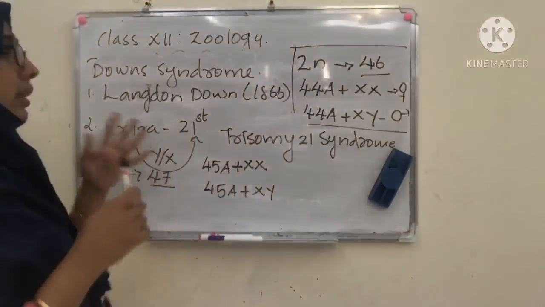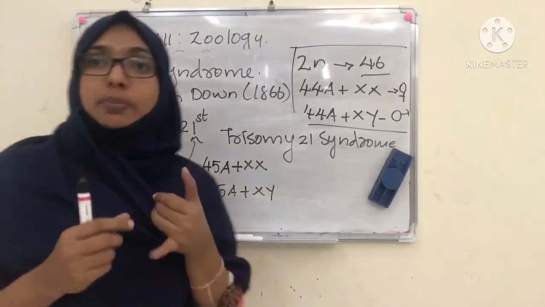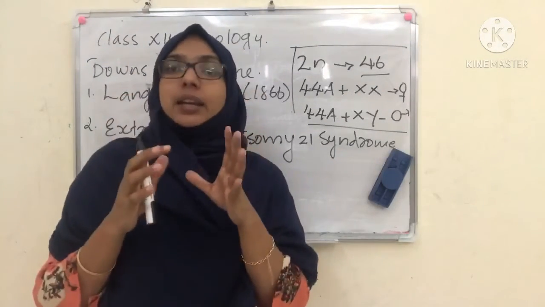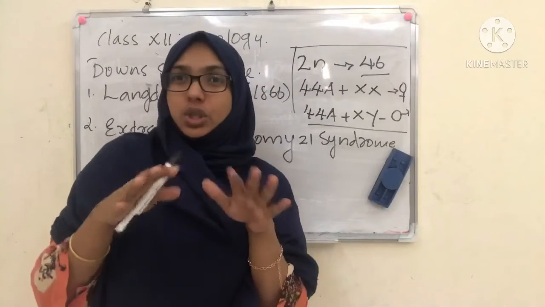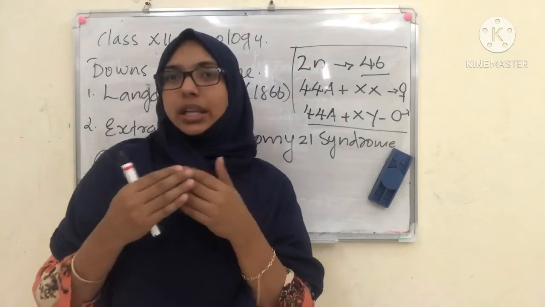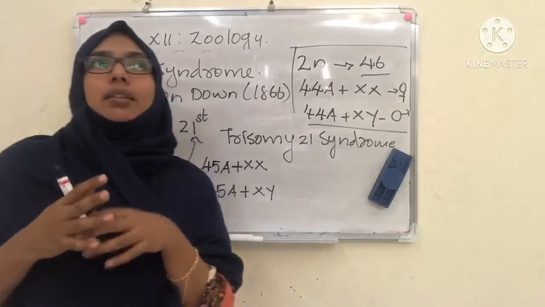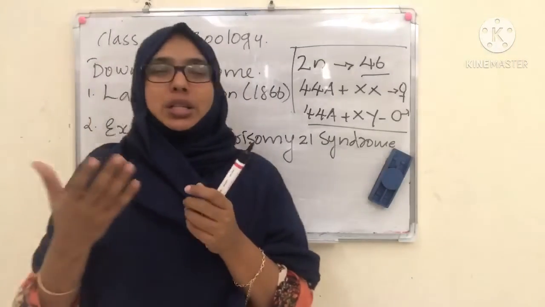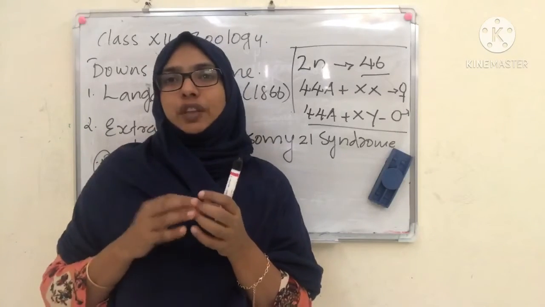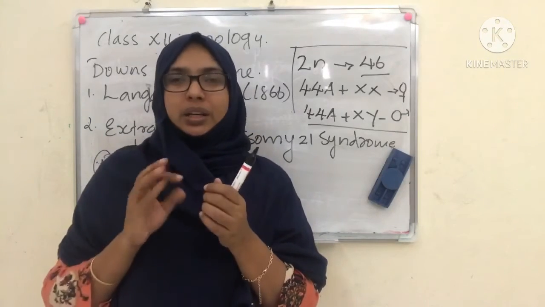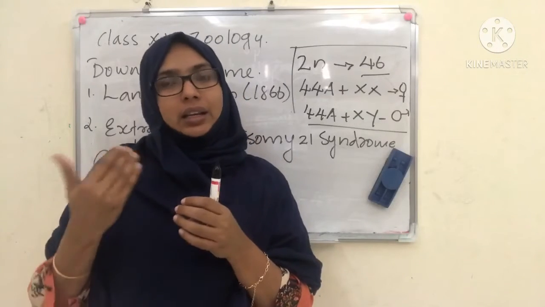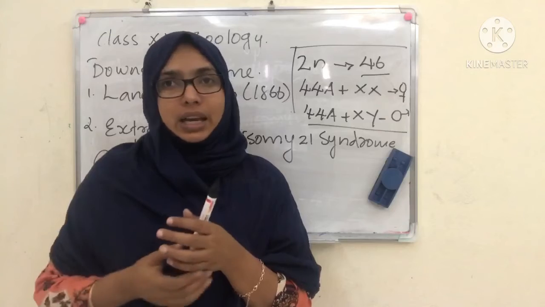So the affected individuals show mental retardation, protruded face, webbed neck, and short stature. Their mortality rate is also high; almost 90% of them will die by the age of 10 years, but rarely 10% can exceed the age limit.